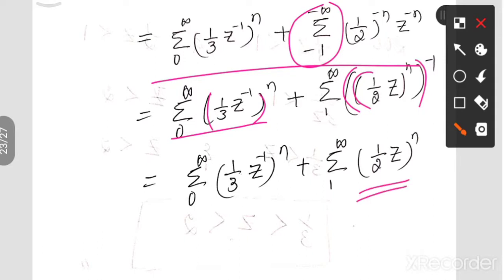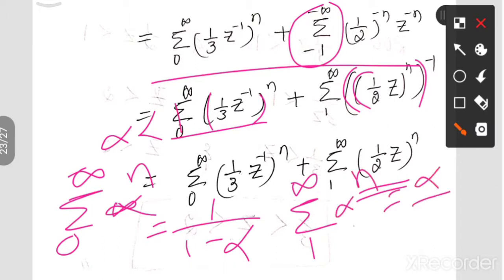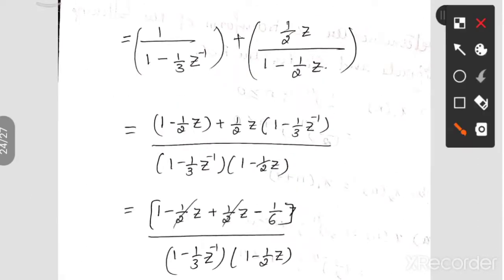So apply, as we know, the formula for the sum from 0 to infinity of alpha raised to n is 1 divided by 1 minus alpha. The condition is alpha should be less than 1. We also know that the summation from 1 to infinity of alpha raised to n is alpha divided by 1 minus alpha. So the same formula we have to apply here: the first one is 1 divided by 1 minus alpha, plus alpha divided by 1 minus alpha.